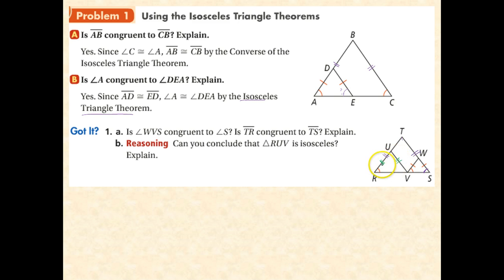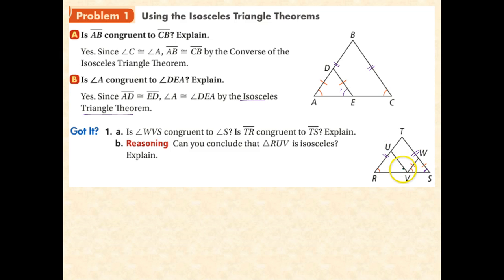Can we say that? Well, with the theorems that we have right now, if we wanted to say that RU was congruent to segment VU, we would need to know that angle R was congruent to angle UVR. And do we know that? Do we know that? The answer is no, we don't know that.